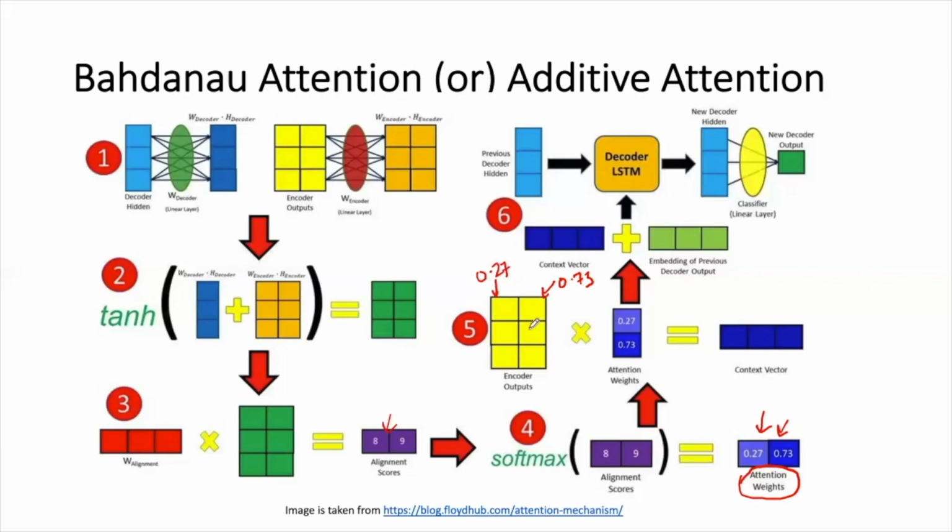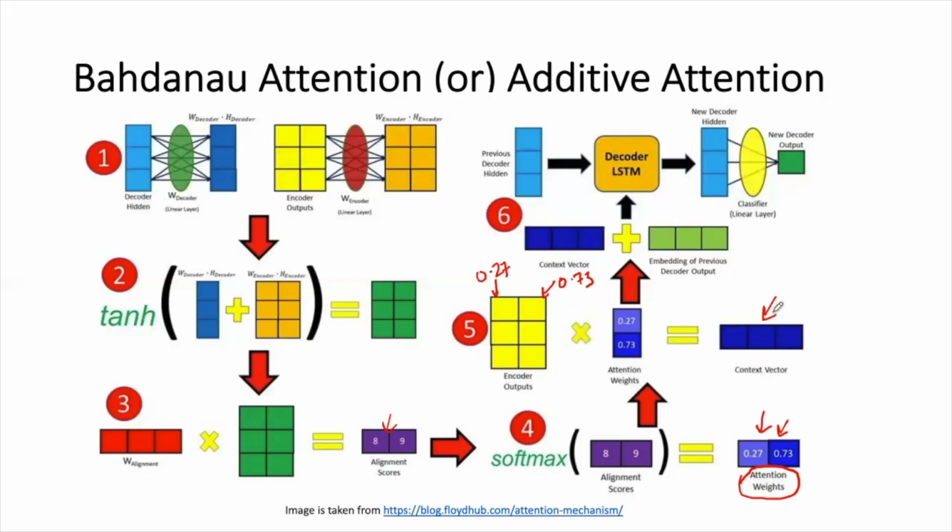So that is another operation. It's like a mixture of all the encoder outputs that we are trying to find. Once we multiply with the attention scores, we add them up to generate this context vector. So the context vector is basically a linear combination of all our encoder outputs.